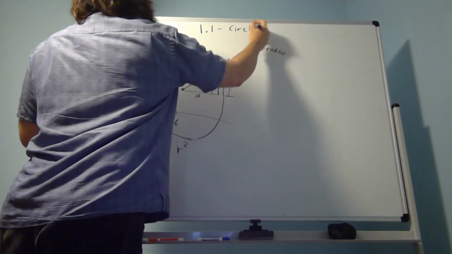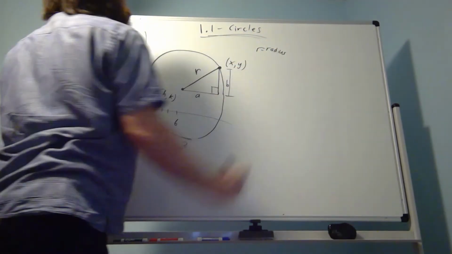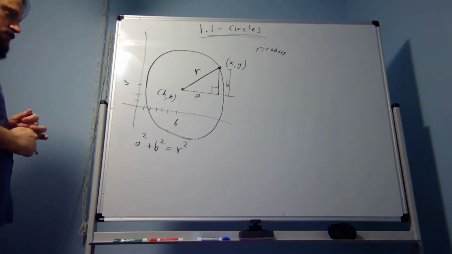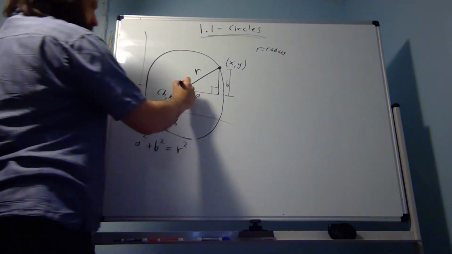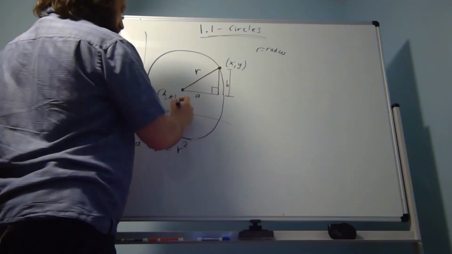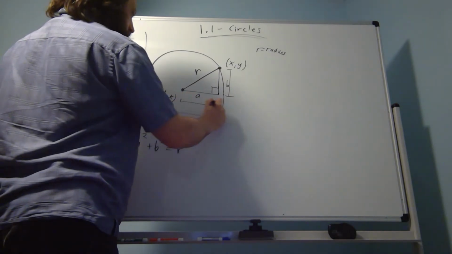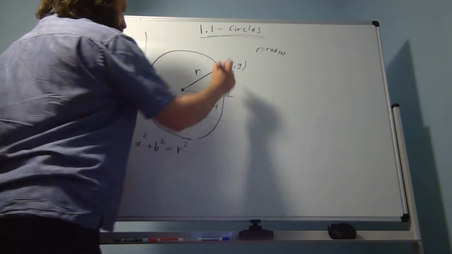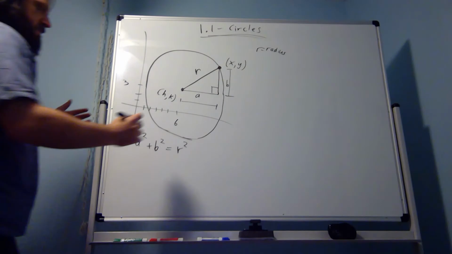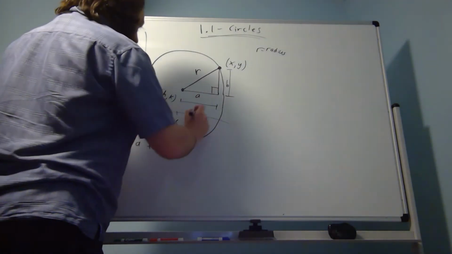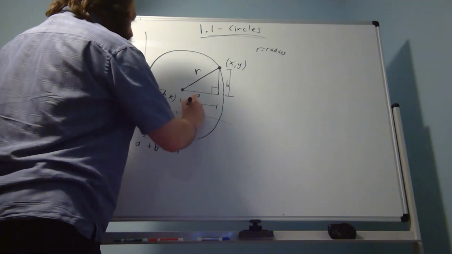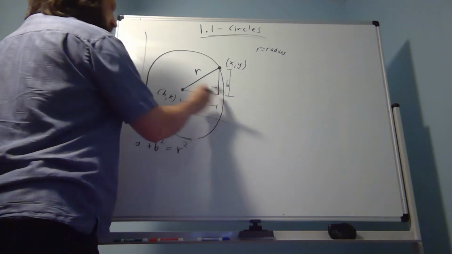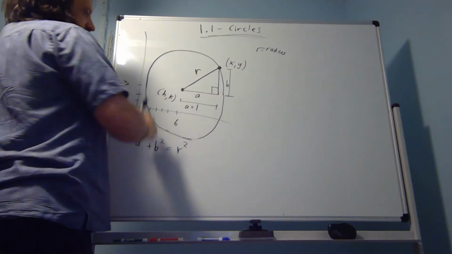So we take any old random point on the circle, we end up over here. Some x's are to the right of the center, some x's are to the left.